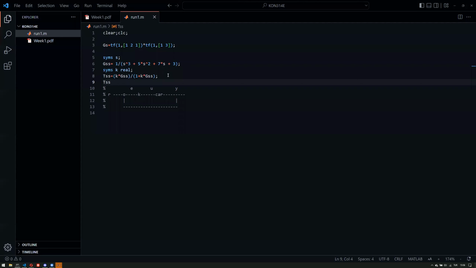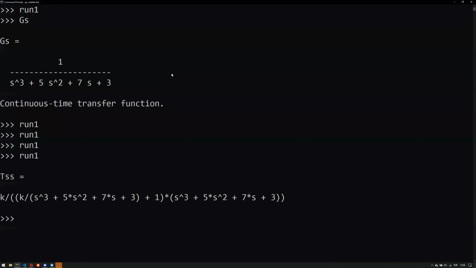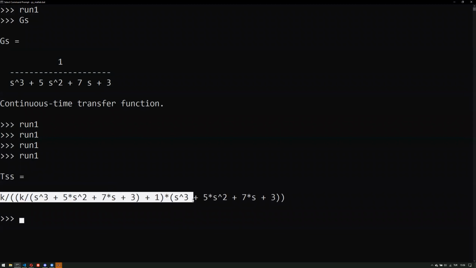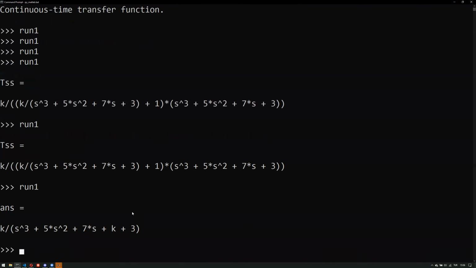As you can see, what you might want to do is simplify it in order to get rid of these extra steps because, well, I can also tell you that this is the closed loop, but it didn't carry out the operation in order to end up with this fraction here, which makes more sense.